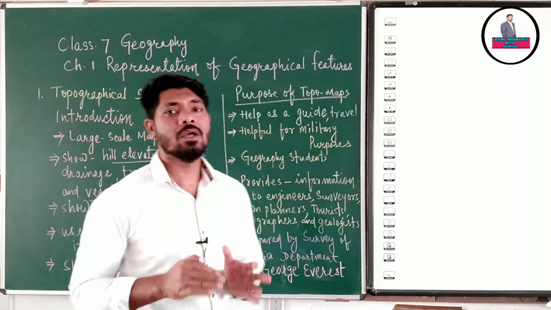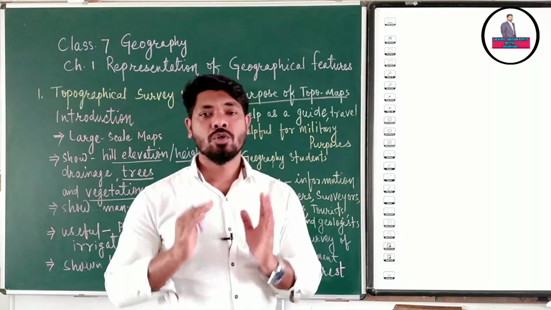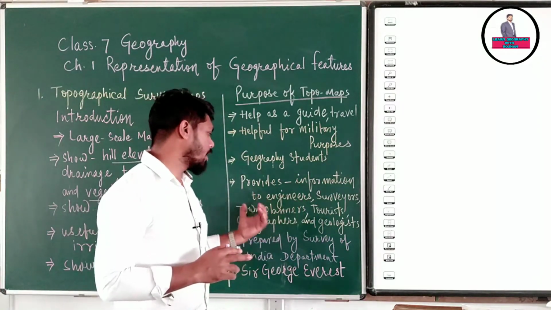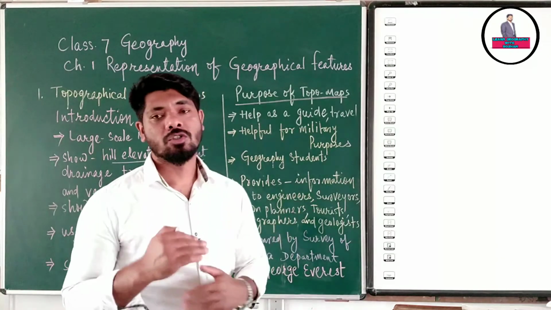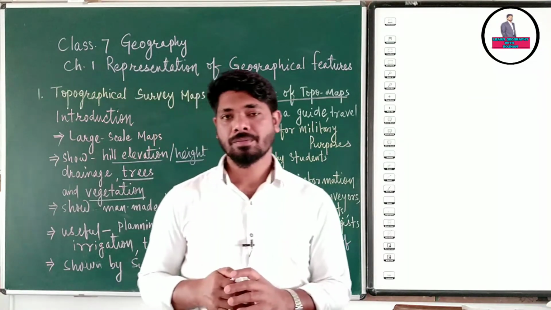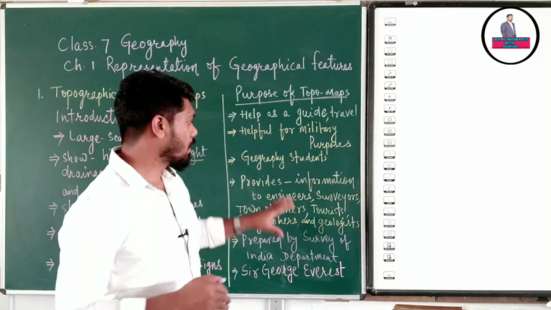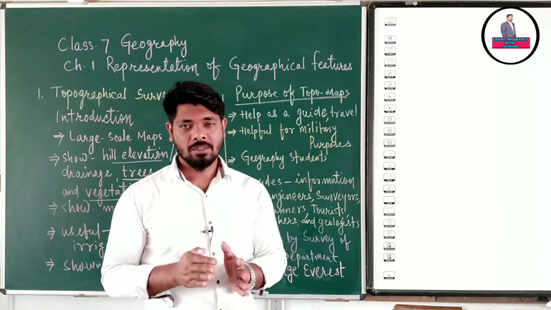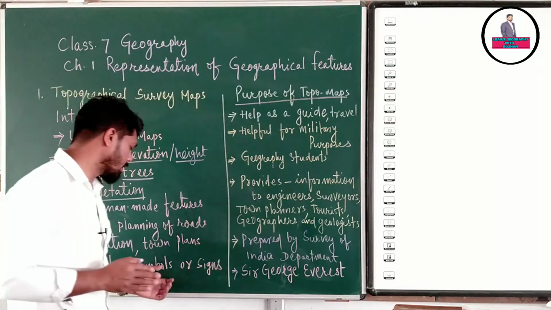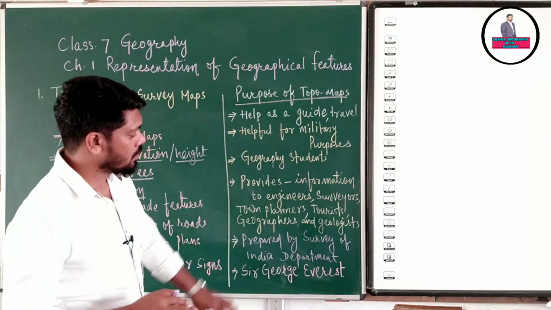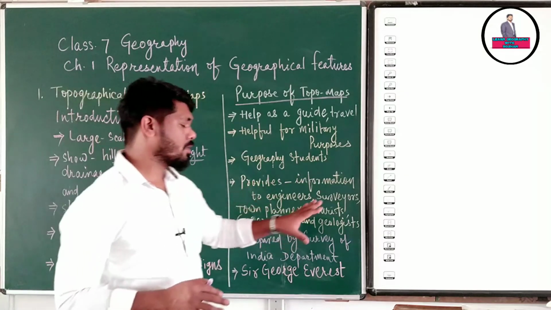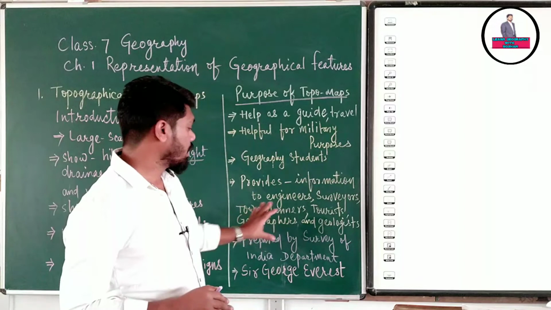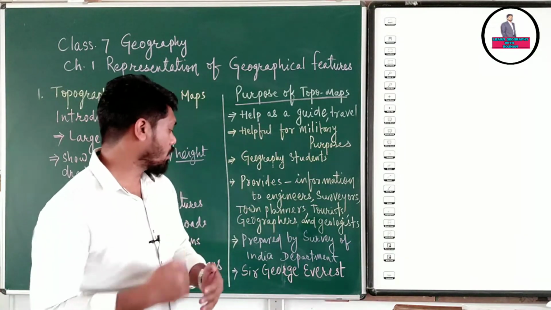So in many ways, topographical maps are useful for all these engineers, surveyors, town planners, tourists, geographers and geologists, because they give more detail about what is present in which area, with the help of signs and symbols that you need to understand, and accordingly the engineers, surveyors or any other people plan.